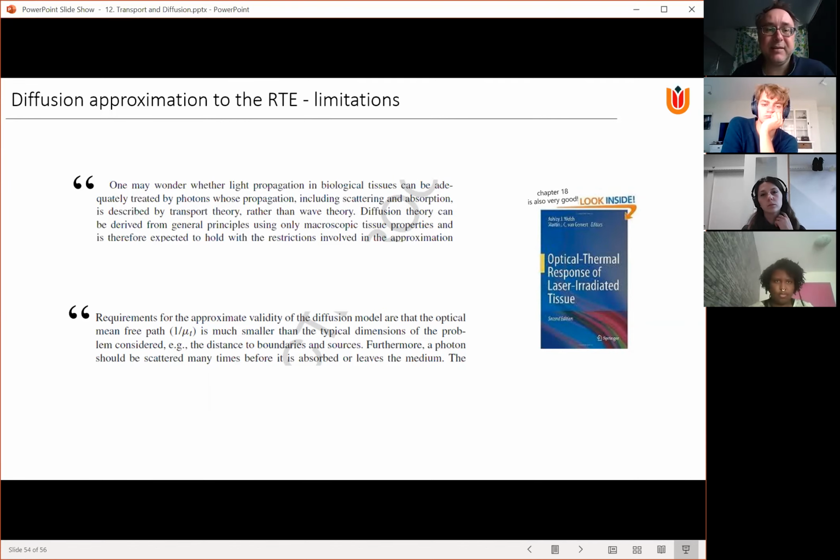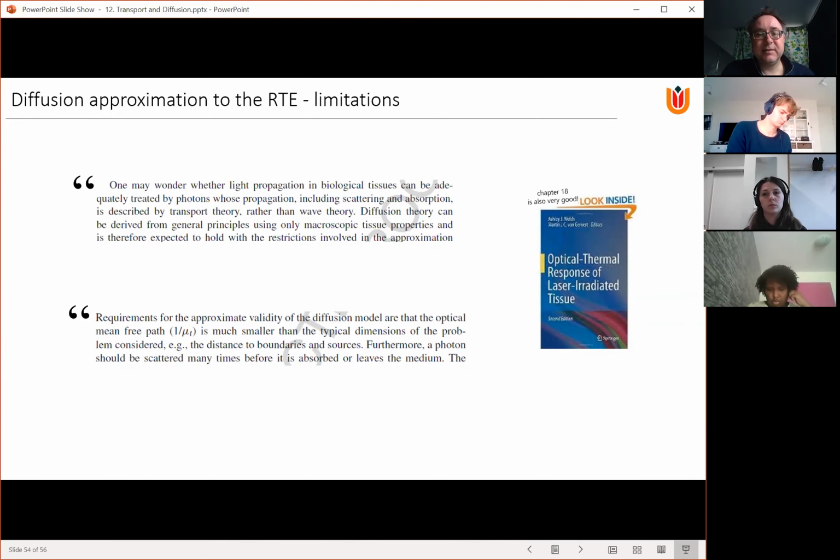Diffusion theory can be derived from general principles using macroscopic tissue properties. That means the scattering coefficient, the absorption coefficient, and is therefore, an open door, expected to hold within the restrictions involved in the approximations. Well, the restriction was that too close to a light source, it will not work. If the absorption is too high, it will not work.